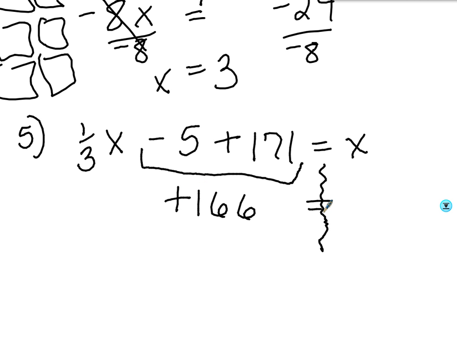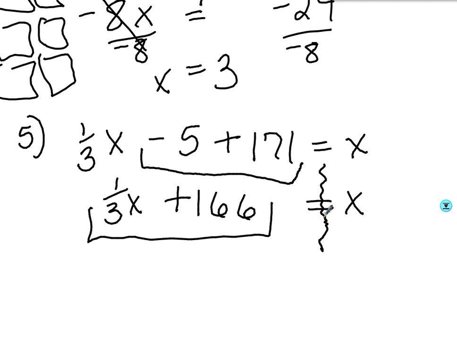Positive 166 equals x, and I need to bring down my third of x. So a third of x plus 166 is x. That's interesting. So look, there are my 2 beans, my 2 pans, Bryce.